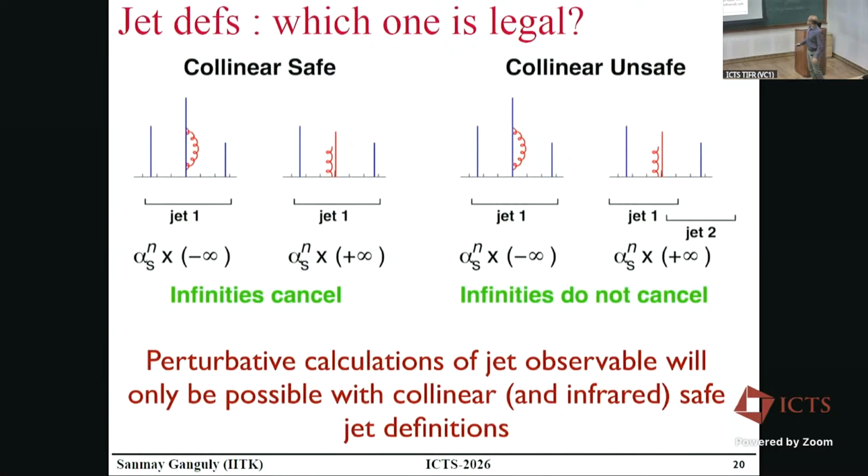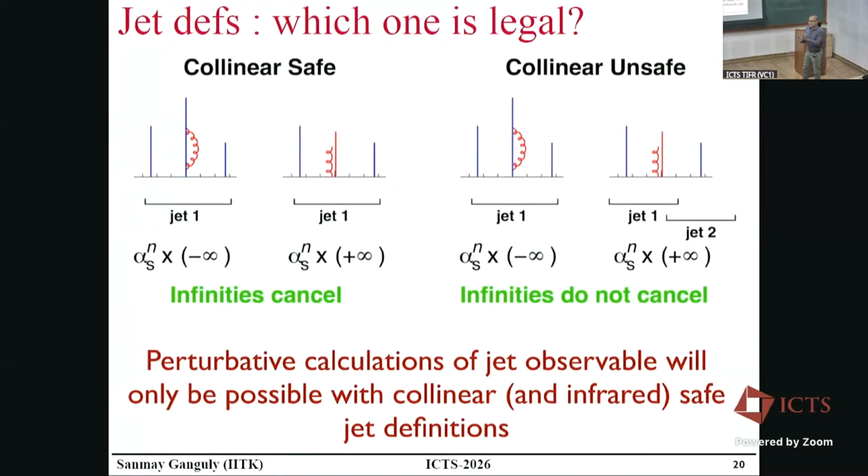On the contrary, let's say you have 3 such lines, and your algorithm, some O, tells you the first 2 are clubbed into one jet called jet 1, and the third line is something which is called jet 2.